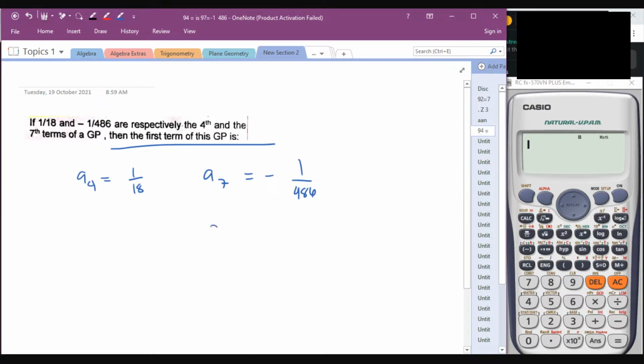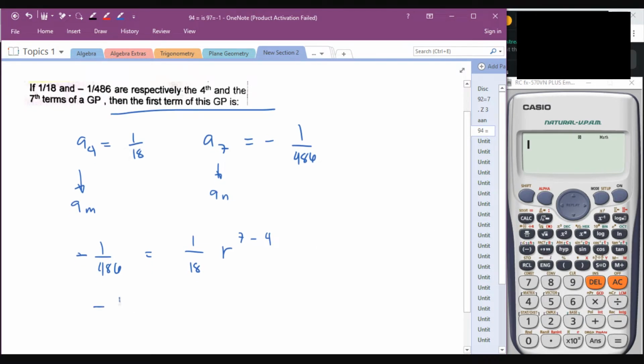You put this as an and you put this as am. Two. Now, a7, that is negative 1 over 486, equal to 1 over 18 multiplied by r raised to n minus m. Your n there is 7 minus the fourth term. Okay, we simplify.